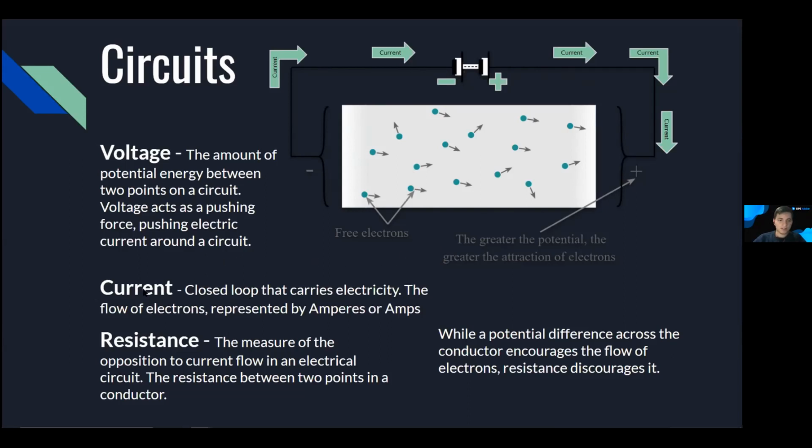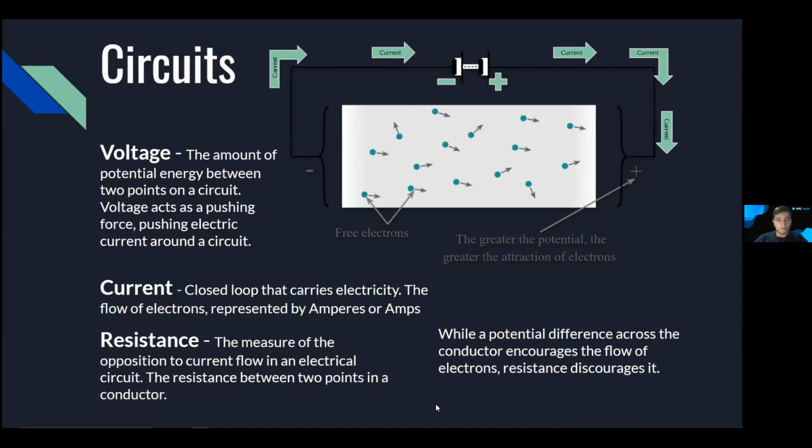Another thing to mention is what a current is. Current is, again, the electrons that are moving within a wire, and for that current to flow, the circuit has to be closed. And then, what's resistance? Resistance is an opposition to the current that's flowing in a circuit.